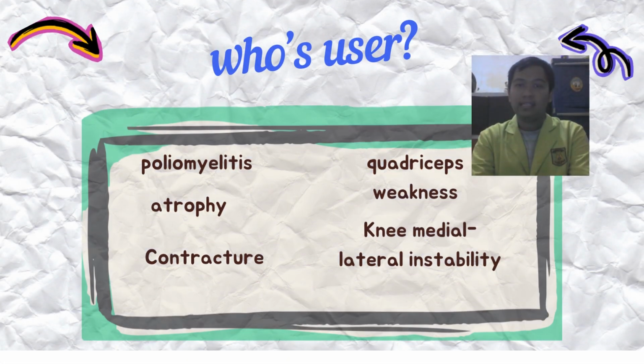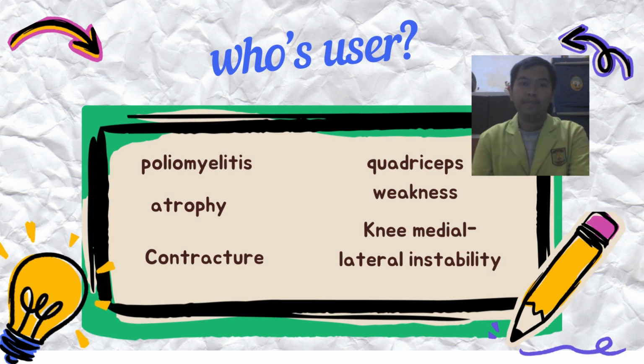Okay, in the second slide I will talk about who can use this orthosis, especially the knee ankle foot orthosis. Mainly it is poliomyelitis patients. The characteristics of poliomyelitis patients are atrophy, contracture of the muscle, and weakness of the quadriceps muscle.